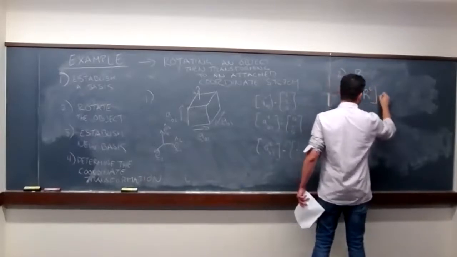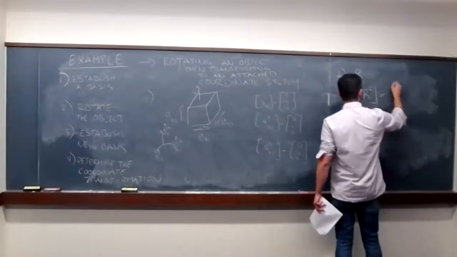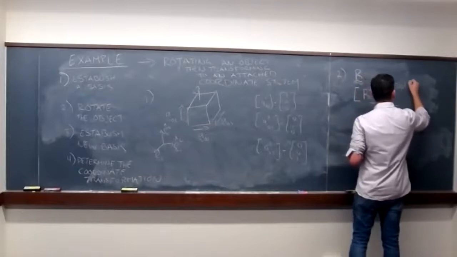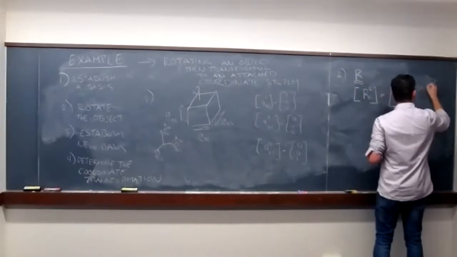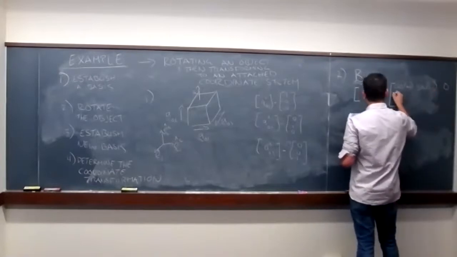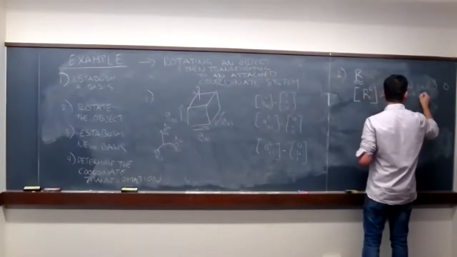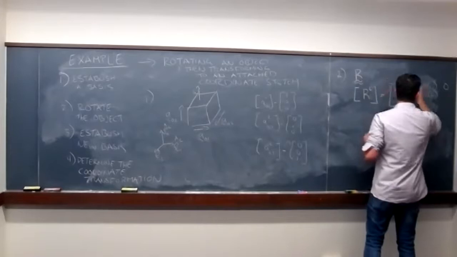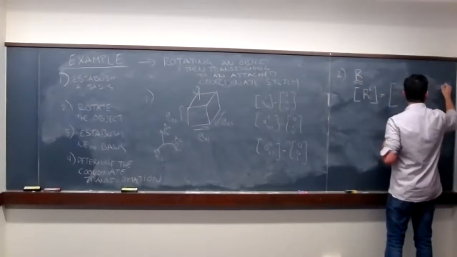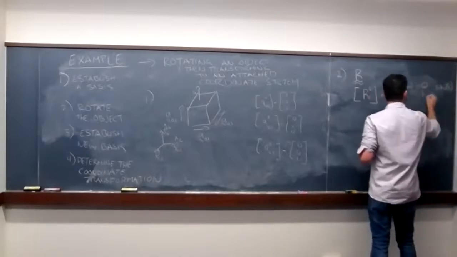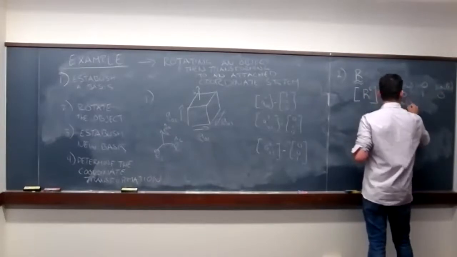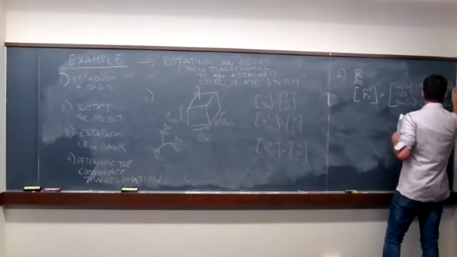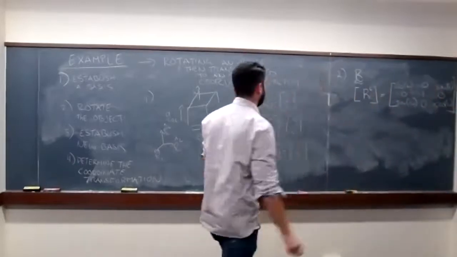And the components in the lab frame, with counterclockwise being positive, are going to be cos omega, 0, sine omega, 0, 1, 0, minus sine omega, 0, cos omega.